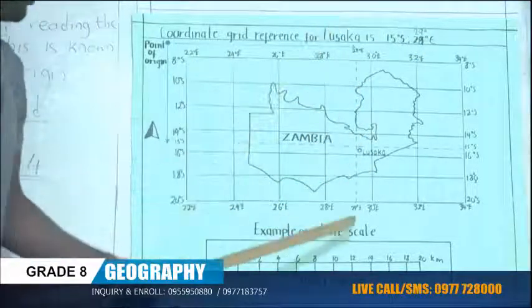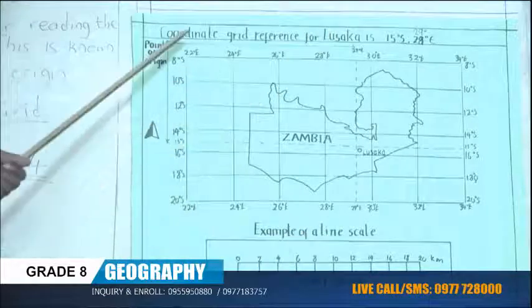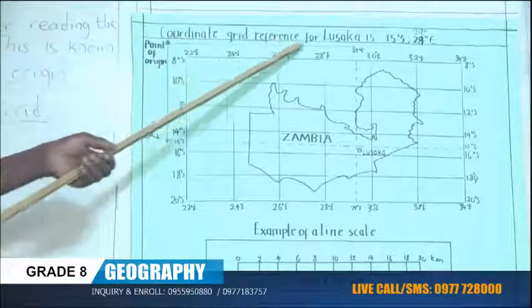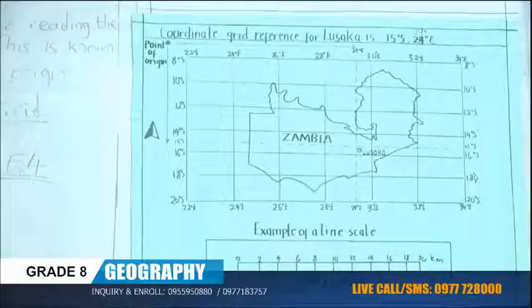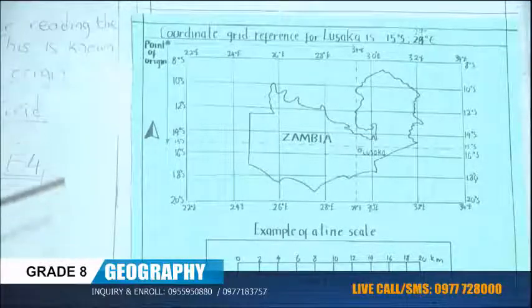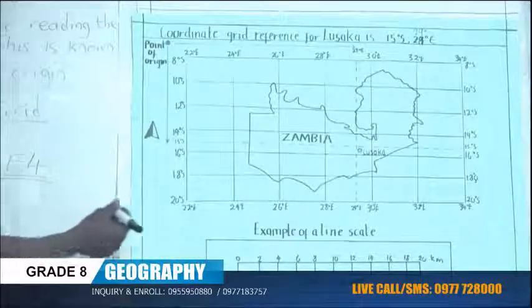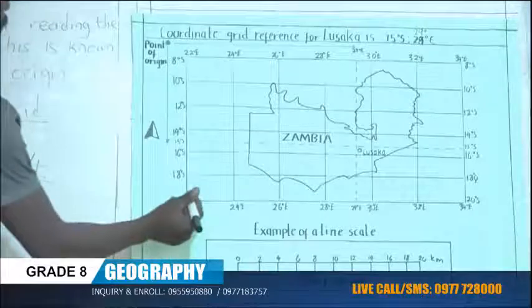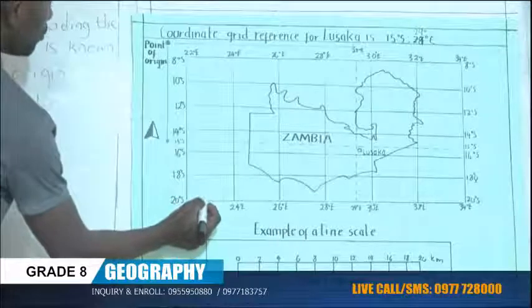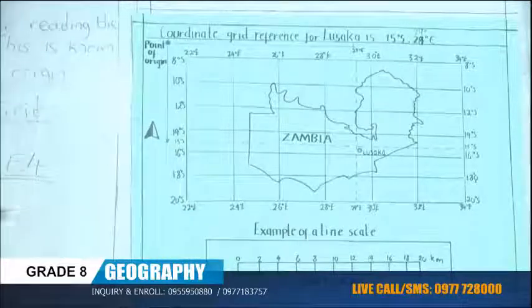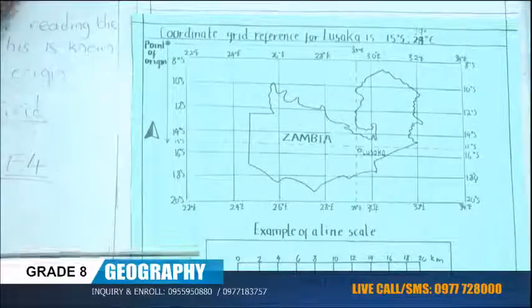I hope and trust you are following me. This is when we use coordinate grid reference. Then, geographic coordinate grid uses the lines, the so-called longitudes and latitudes. For example, I'll rub one part because I want to be clear before I finish everything.